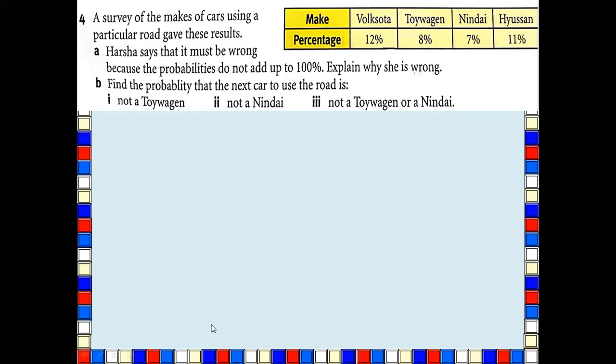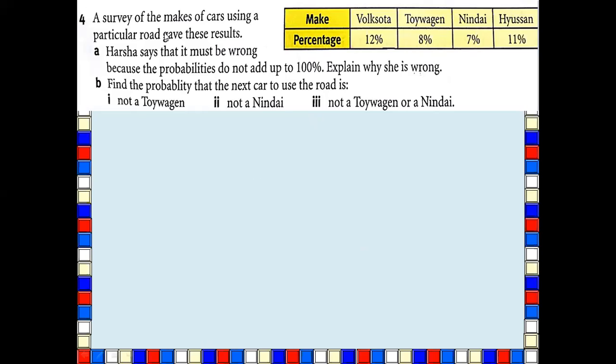Yes. What do you think? That it's wrong? What is the table about?